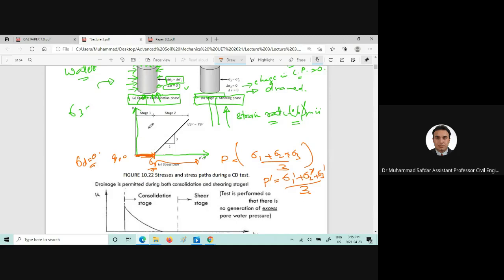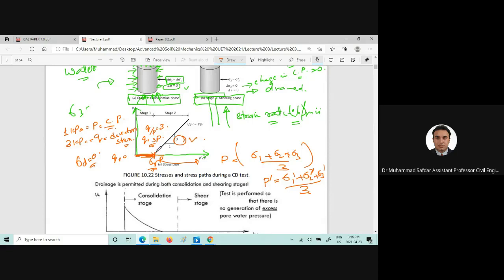And then as we derived the equation, q by p is equal to 3, or q is equal to 3p, which means that one kilopascal increase in p, which is the confining pressure, will cause 3 kilopascal of deviator stress, or the slope is equal to 3.